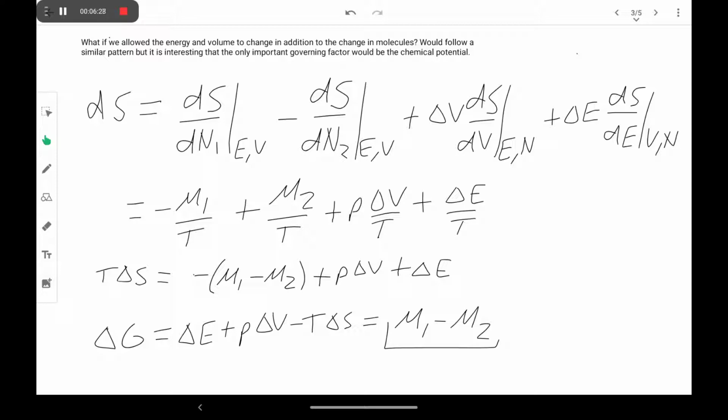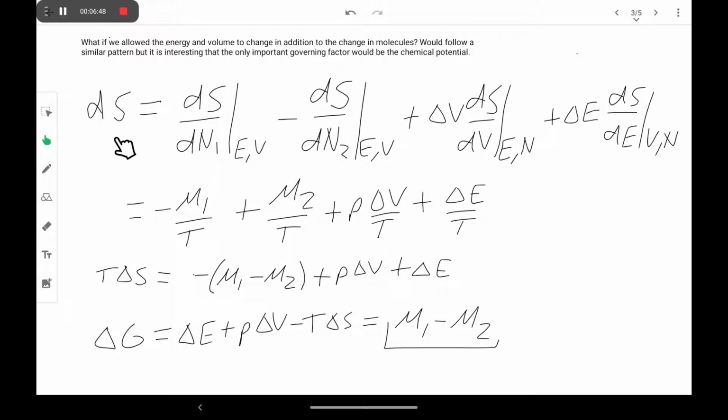Before, everything we did, we considered a change in entropy, assuming the energy is constant. Also, we didn't explicitly state it, but we assumed the volume was constant. But what does it mean if we let anything change? We let energy be exchanged, we let the volume change, as well as the numbers.